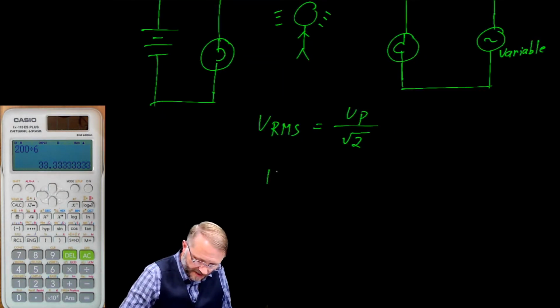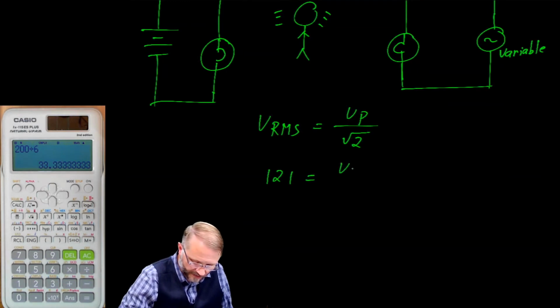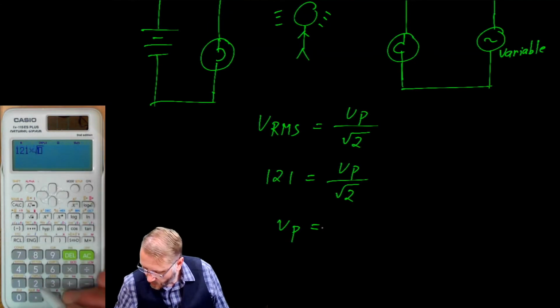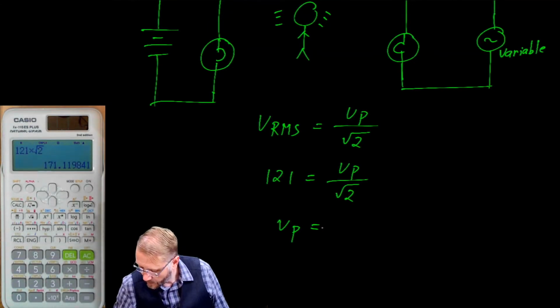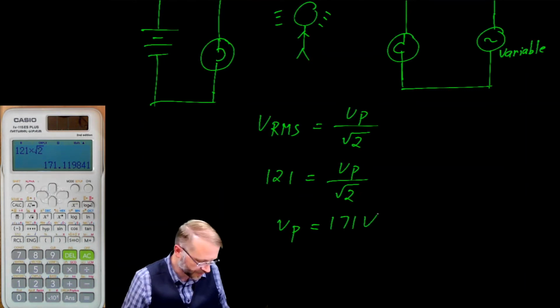So when you said your house voltage was 121, that is equal to volts peak over root 2, the peak voltage of my AC waveform. 121 times the square root of 2 gives me a peak voltage of about 171 volts.